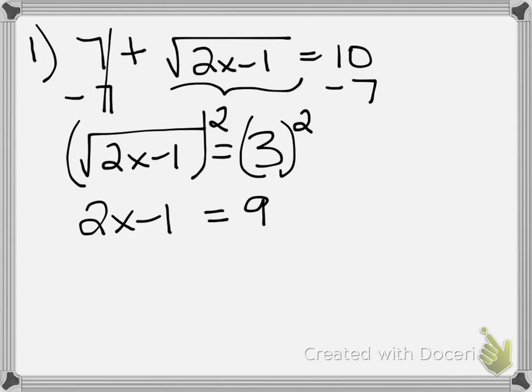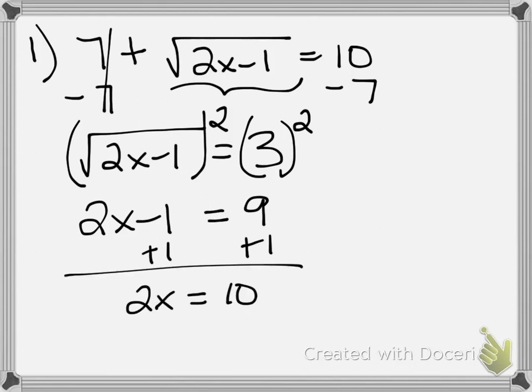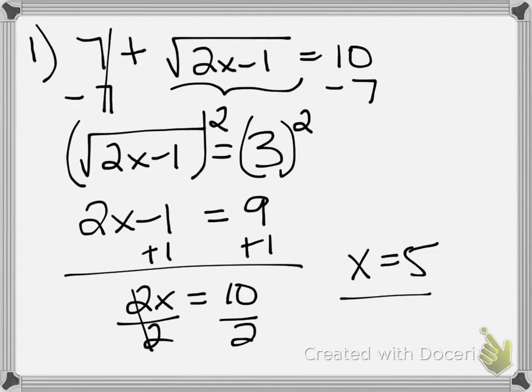So now what I have to do is isolate the variable. So I'm going to add 1 to both sides, and I get 2x equals 10, and I'm going to divide both sides by 2, and I'm going to get x equals 5. Now before I say, oh, that's a solution, we're good to go, I need to check it. So in the check, I'm going to rewrite the original problem.